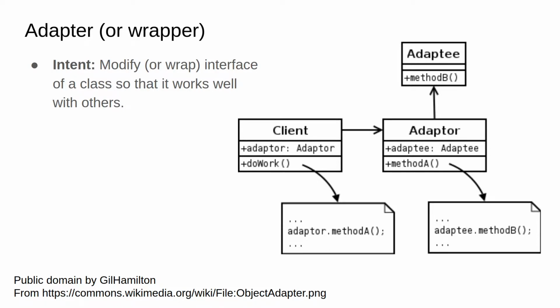Think of it as a power adapter. It doesn't change much, but it changes the way the electric plugs fit together, right? That's the idea. So that's the adapter, or people sometimes refer to it as a wrapper.